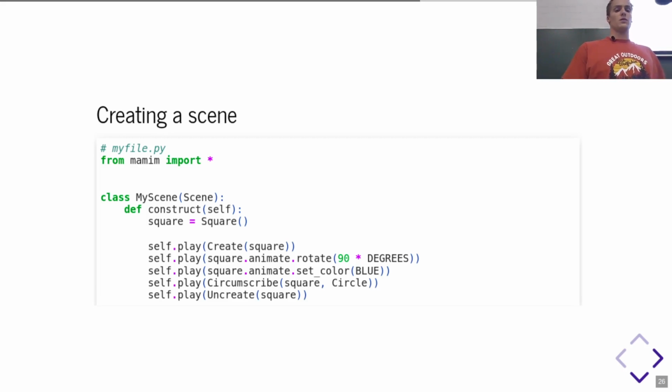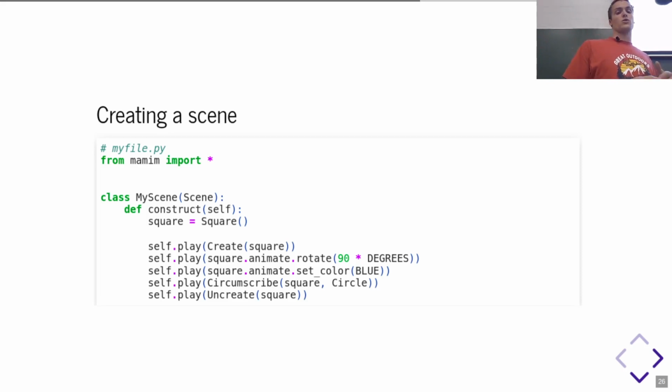But here, it's going to be much easier because we have a lot of functions and classes that we can use, and the easiest thing to do is just to import everything, and that will probably never cause problems with other packages that you are using.